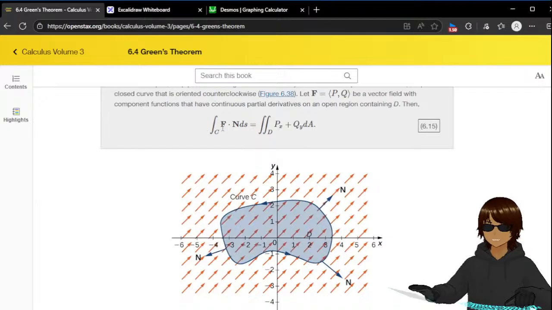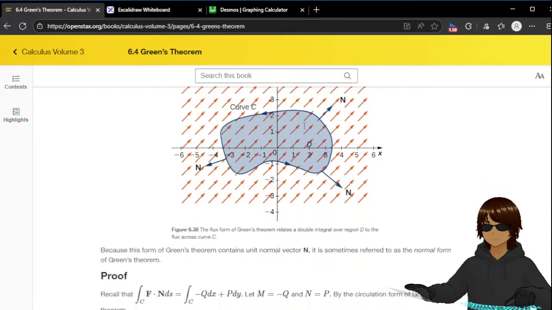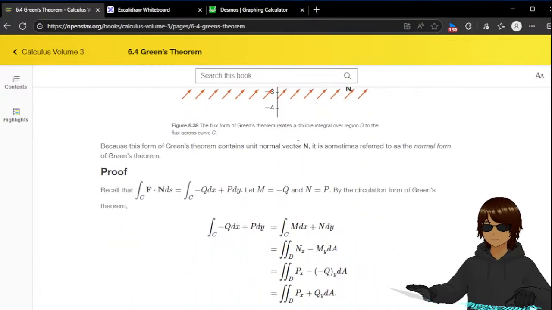So the flux, F times N ds, is the double integral of P_x plus Q_y dA. Because this form of Green's theorem contains the unit normal vector, it is sometimes referred to as the normal form of Green's theorem.